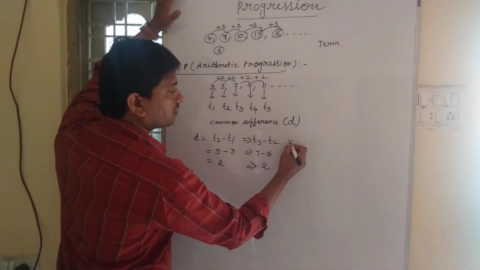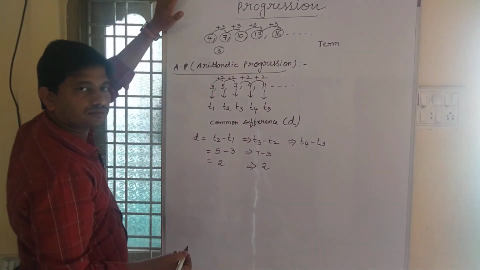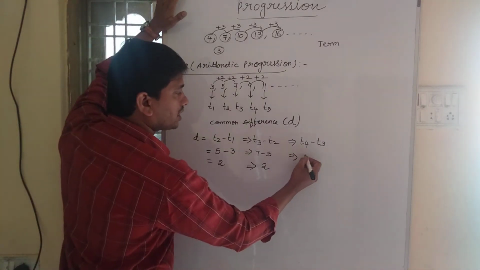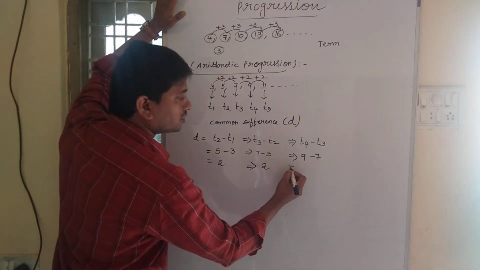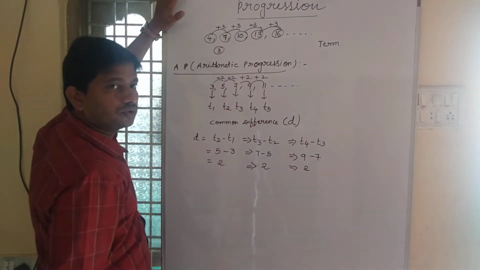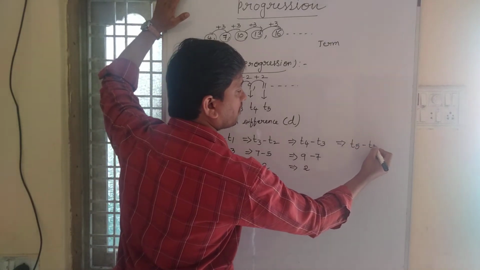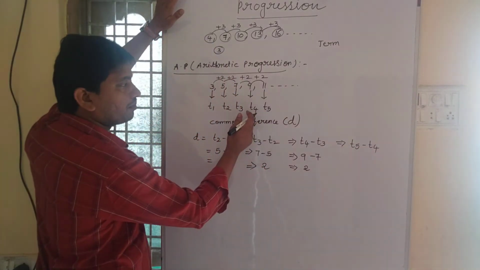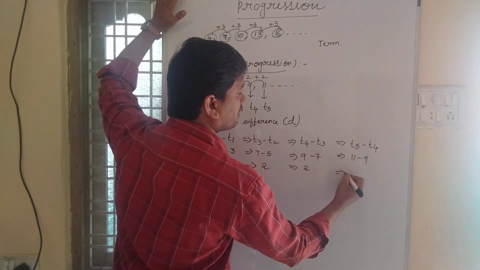Or also we can represent it as T4 minus T3, I mean T4 here is 9 minus T3 is 7, so 9 minus 7, that is equal to 2. Or else T5 minus T4, fifth term minus fourth term, that is 11 minus 9, 2.